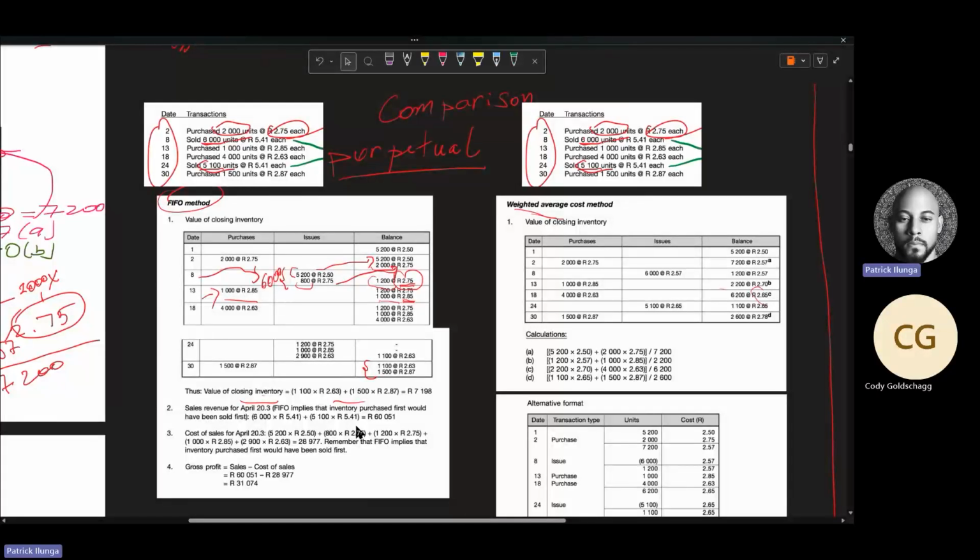The fact that I have juxtaposed them, put them next to each other, is for making it easy for you to see what is happening and to compare. So, for example, let's say you are in the exam and they say, use the weighted average cost method within the periodic inventory system.